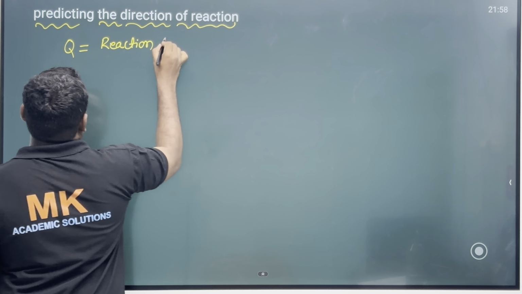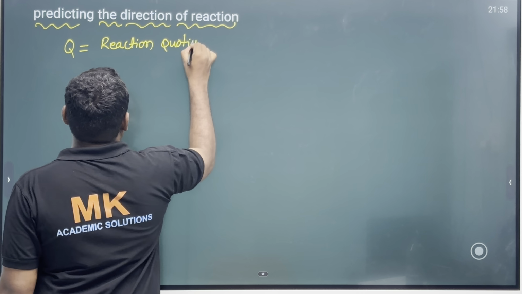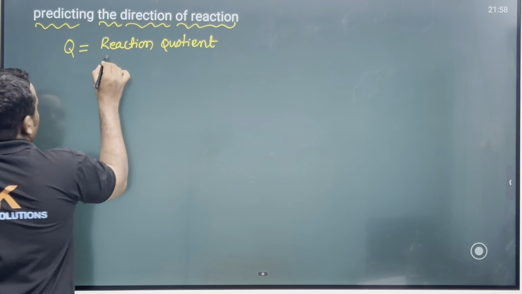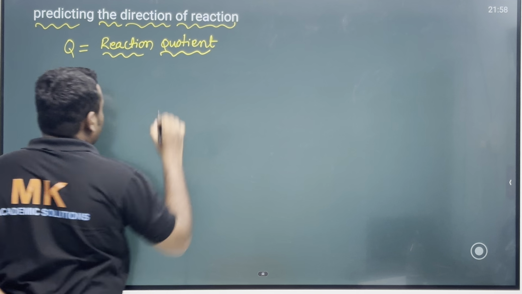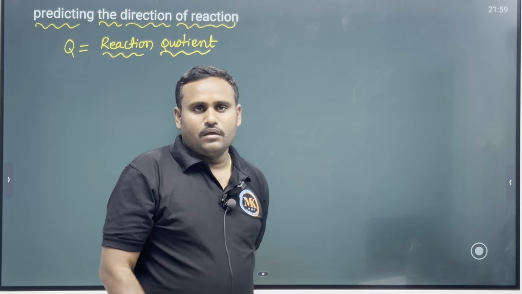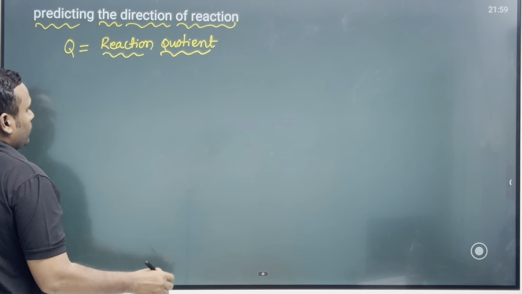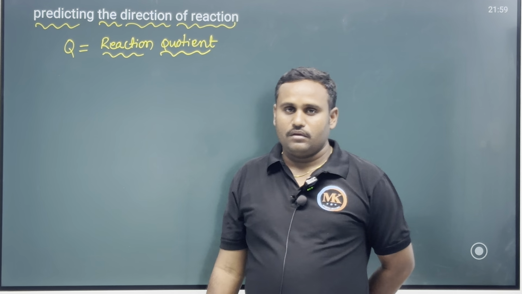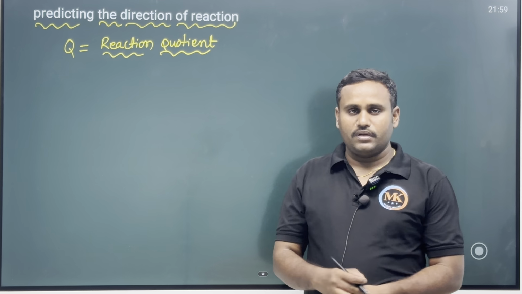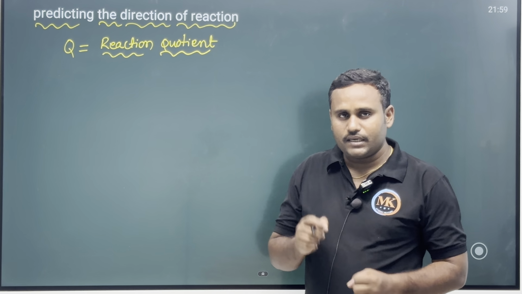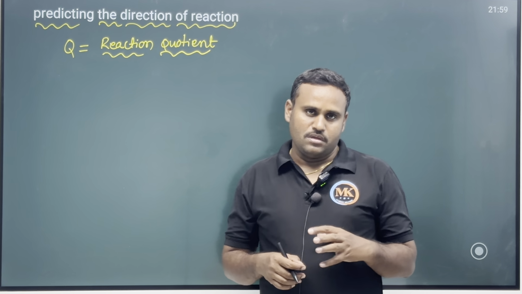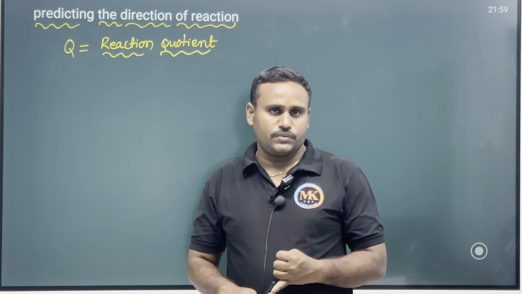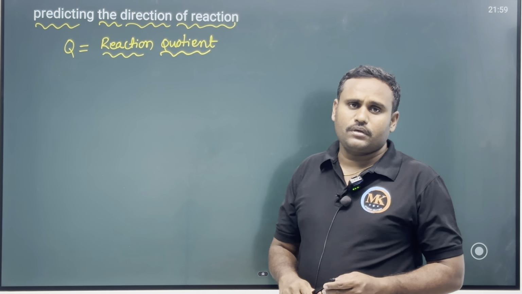It is the same as the equilibrium constant, but the equilibrium constant we write at equilibrium condition only, meaning the rate of forward reaction is equal to the rate of backward reaction.